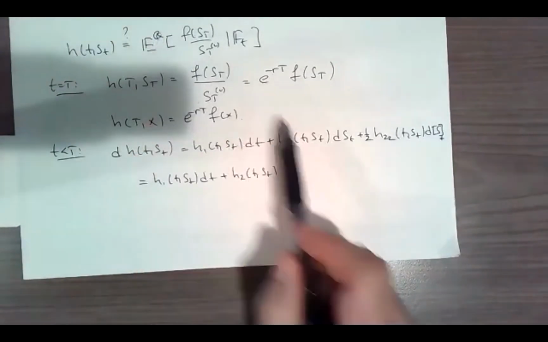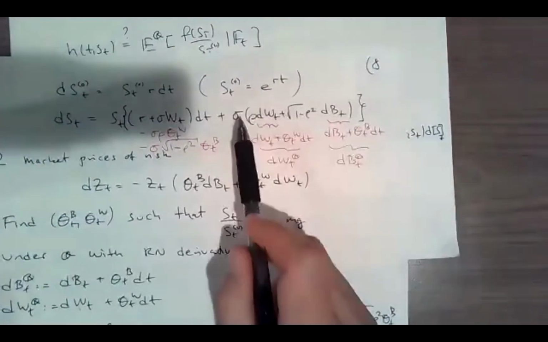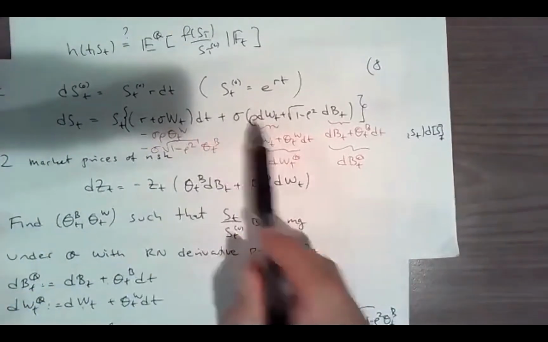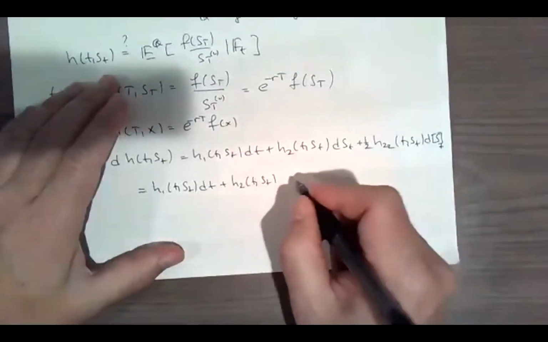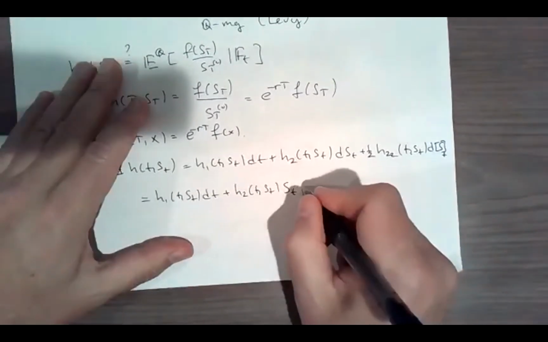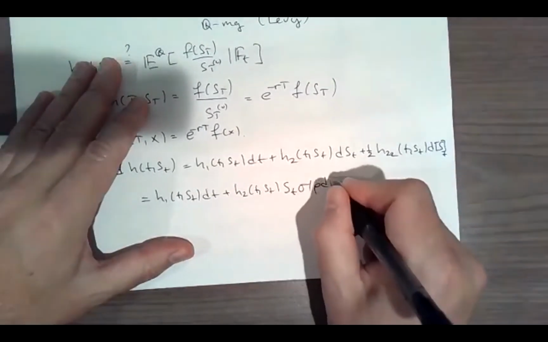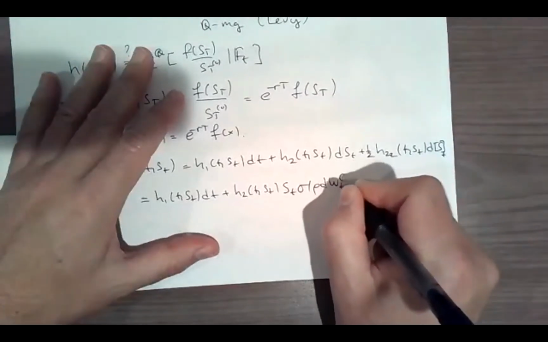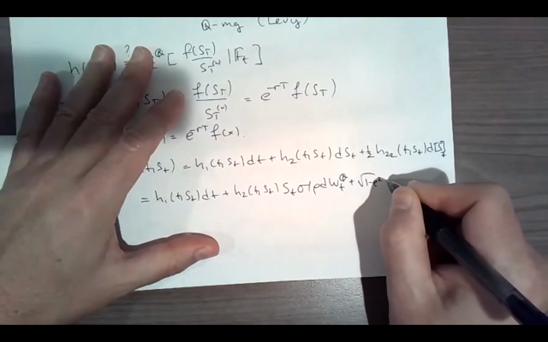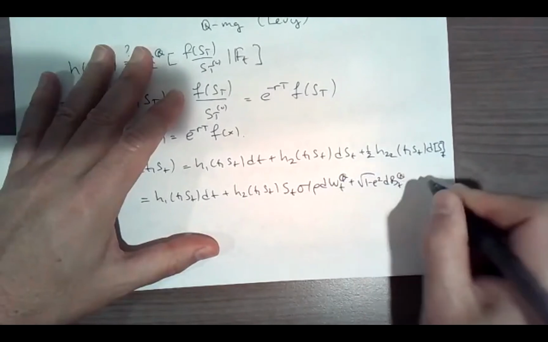So there's no DT terms inside DS here. We just need to focus on S and then sigma rho. Okay, so let's put that in there. S sigma, and then we had a rho dWt q plus root 1 minus rho squared dBtq.